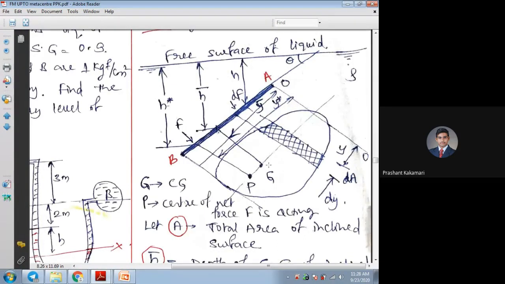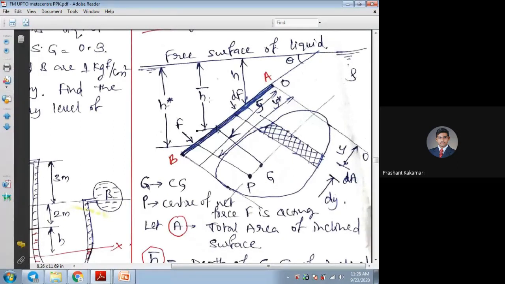And for the center of gravity point, we have considered y bar. From the plate tip, at a distance of y bar, we have considered G, and the vertical distance from the water surface to the inclined plate section in the side view, that distance I am calling h bar for the center of gravity of the given plate.